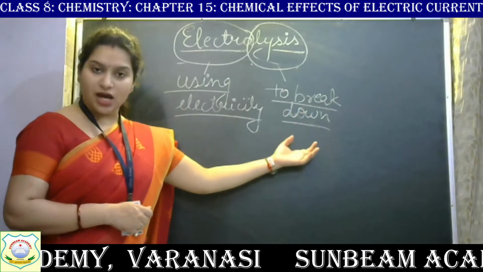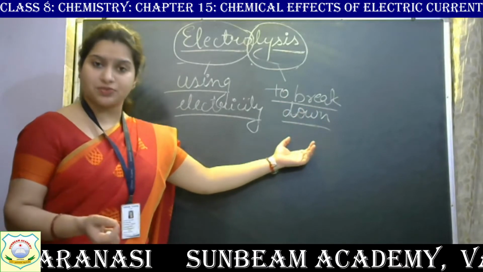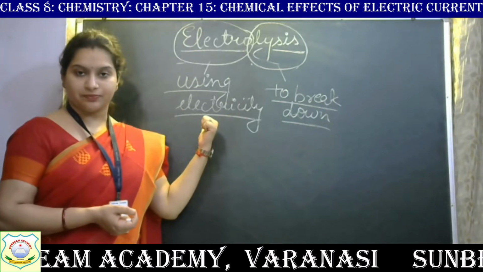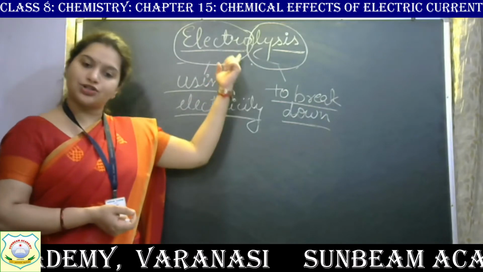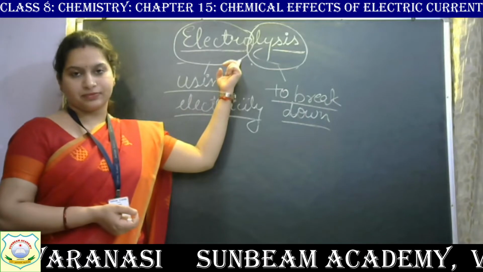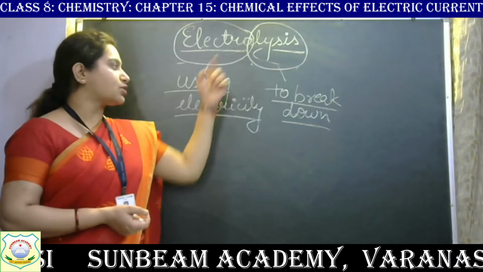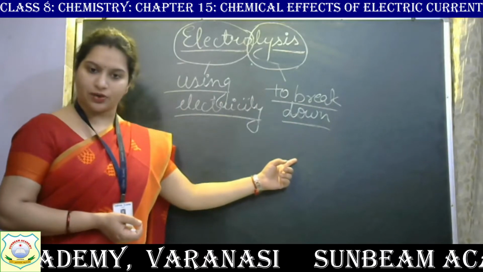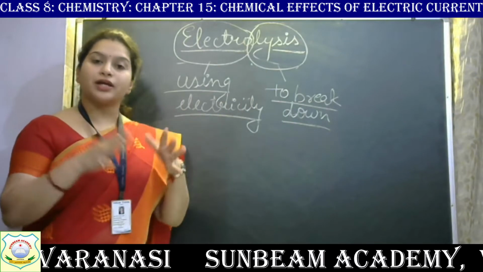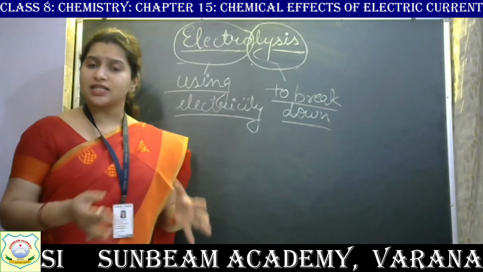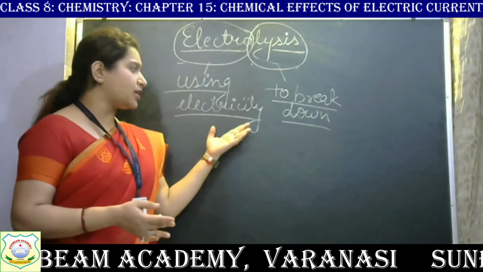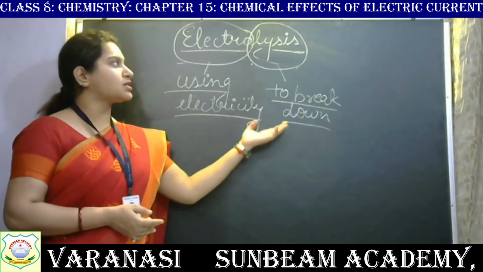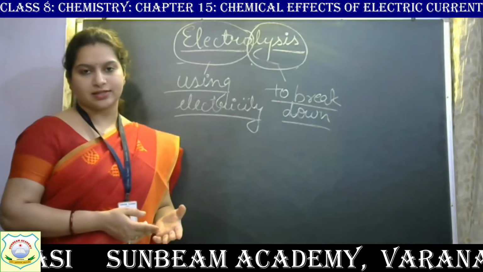The breakdown of any substance by using electricity is called electrolysis. Getting my point? Electro means using electricity. Lysis means to break down. Okay. So breakdown of any substance with the help of electricity is called electrolysis.